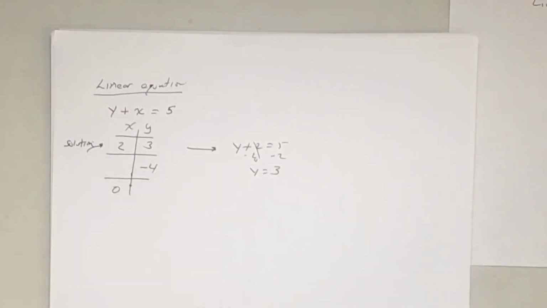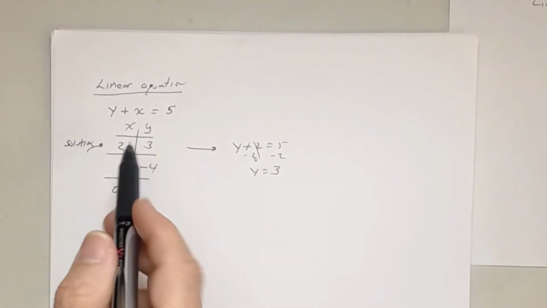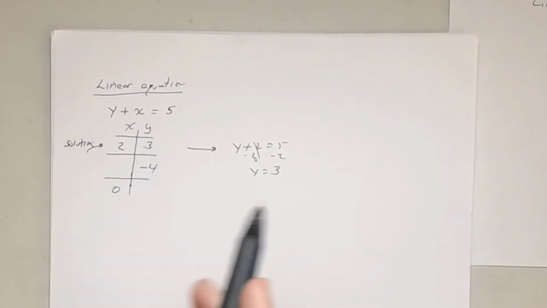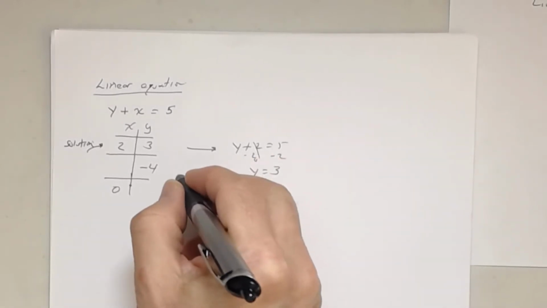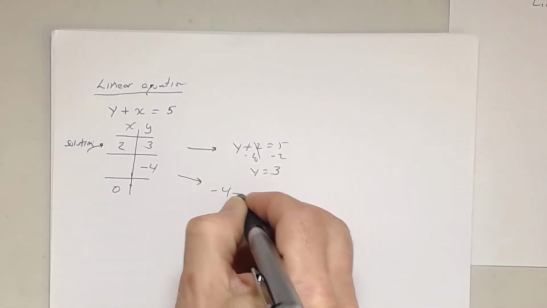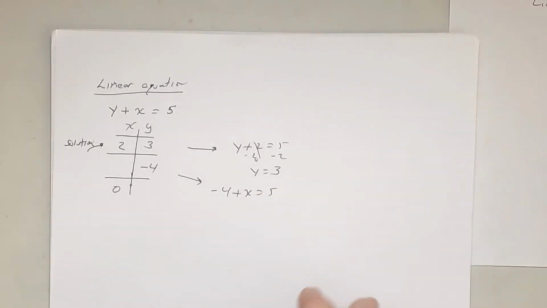Now let's do the next point. What is Y this time? -4. So in the equation, where we see the variable Y, I plug in -4. So I get -4 plus X equal 5.